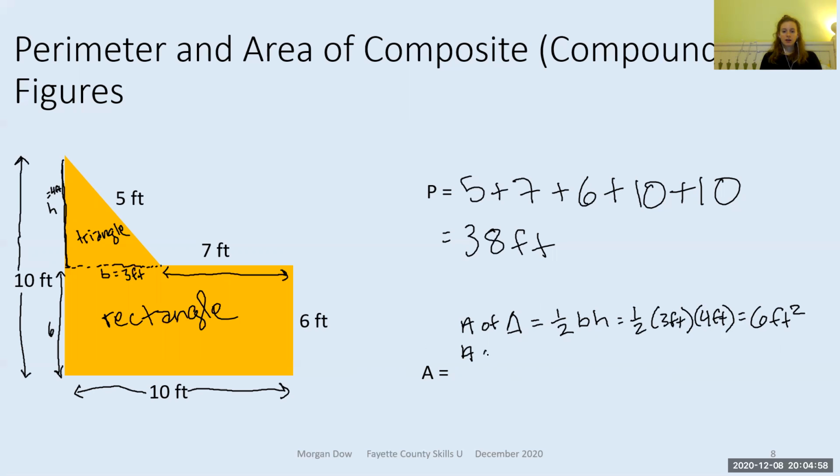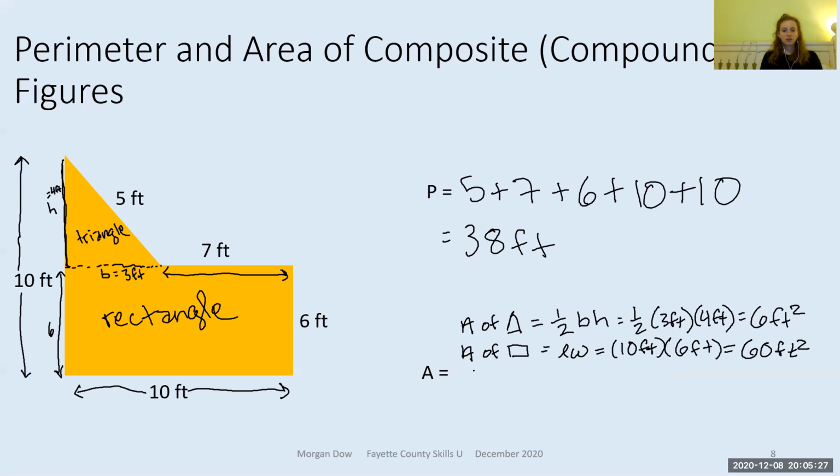Now let's do area of the rectangle. So formula for that is length times width. The rectangle is 10 feet long and the rectangle is 6 feet wide. And that gives you an area of 60 square feet.